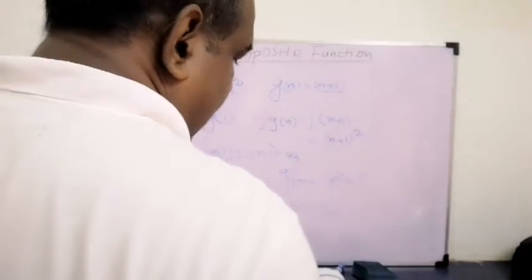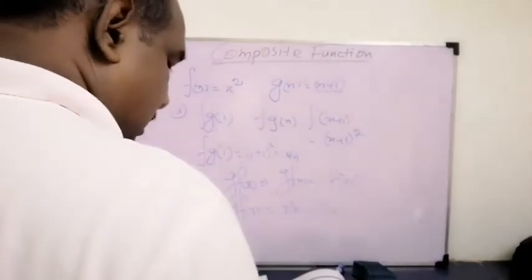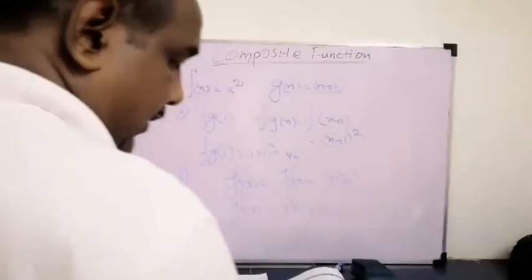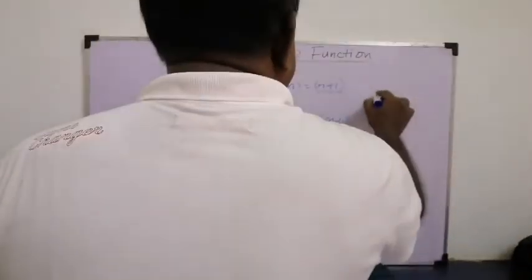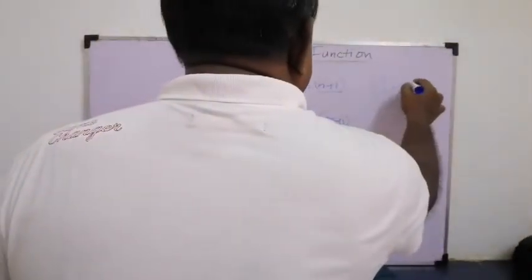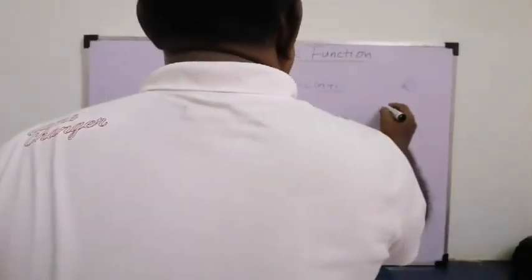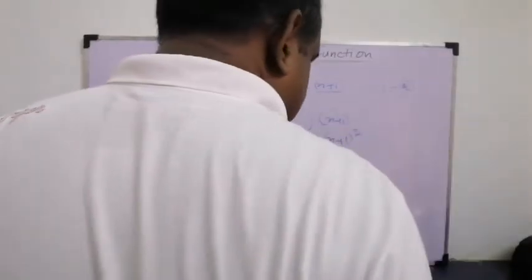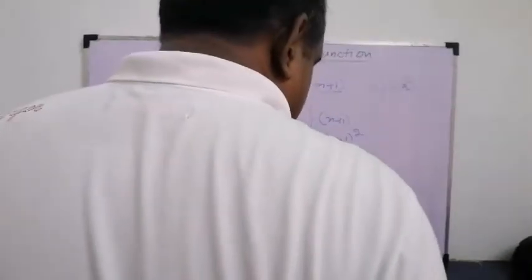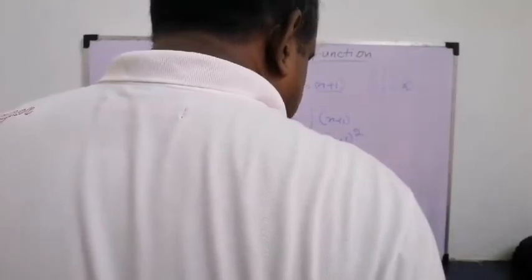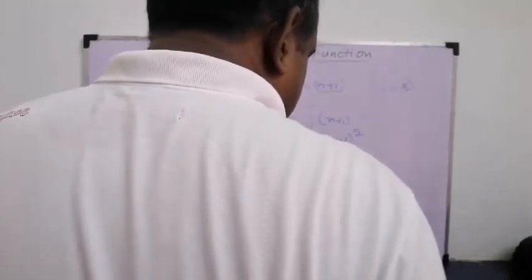Am I correct? Next what they want is f into f of minus 2. Here what you will do in f(x), x squared, again x squared, so it's going to be x to the power 4.